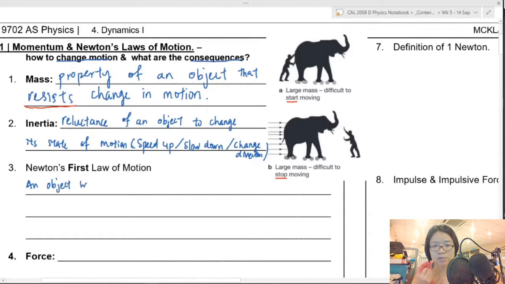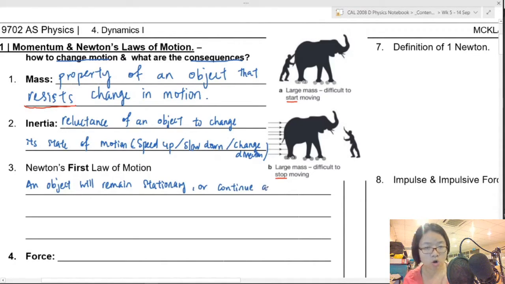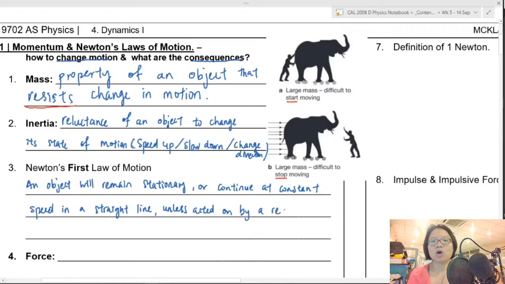And hence, here is your Newton's first law. An object will remain stationary or continue at constant speed in a straight line, unless acted on by a resultant force.